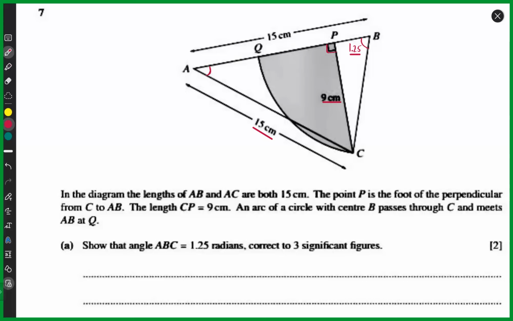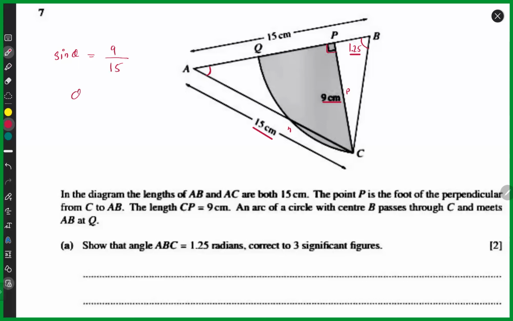So I have the perpendicular side, and this is the hypotenuse side. So for this, I will use sine. Sine theta is equal to perpendicular over hypotenuse, that's 9 over 15.